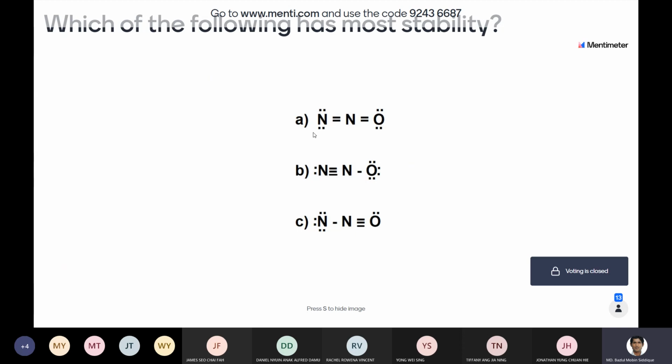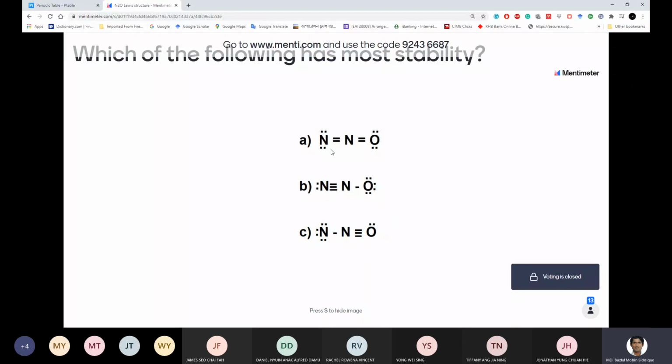For structure A, the formal charge on the right nitrogen is 5 minus 4 minus 2, so positive 1.